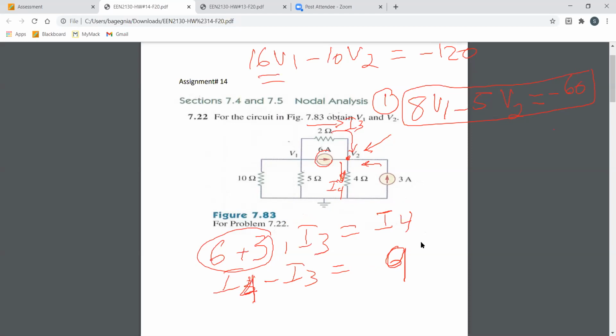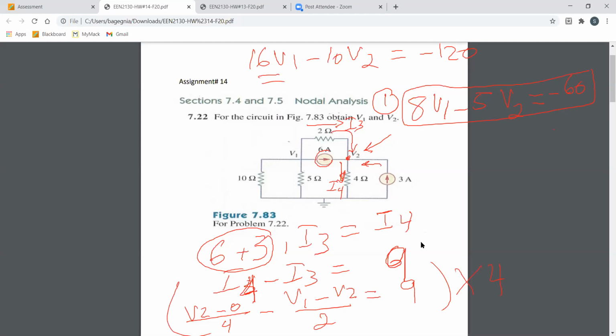Then we apply Ohm's law. So I4 will be V2 minus 0 over 4, minus I3. We already had it before, V1 minus V2. You could look at the circuit and figure out what I3 is in terms of V1 and V2, equal to 9. Then we multiply by the common factor, which is 4.